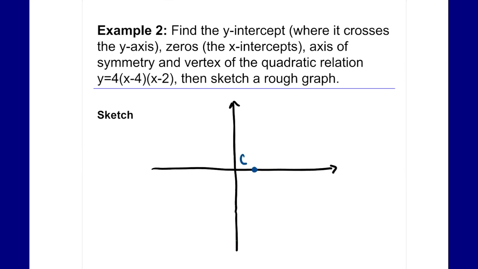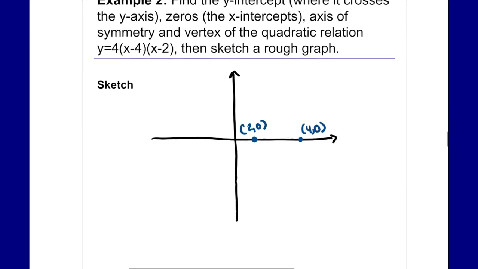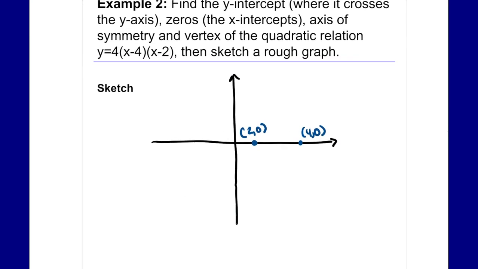So one x-intercept, which is (2, 0). Another one, which is, it's a little too far, (4, 0). My vertex was at 3 and -1. So let's just say down here.